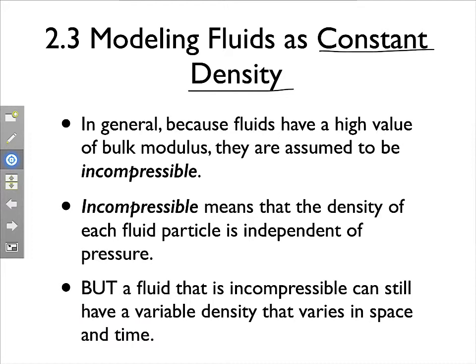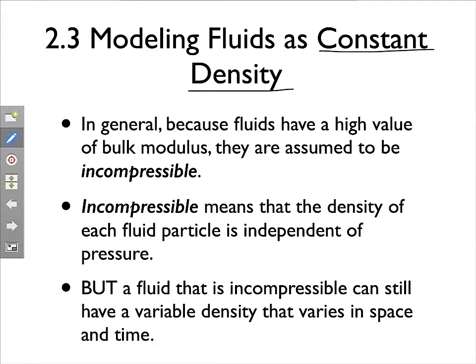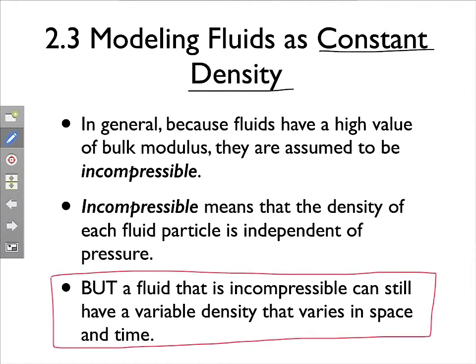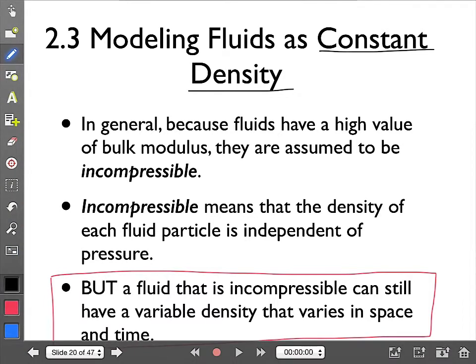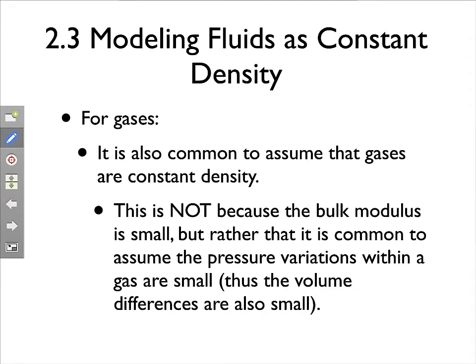But here is the key point: a fluid that is incompressible can still have a variable density. With water or a liquid, you can move from one place in the fluid to another and the density may change. It's a little hard to imagine, but that is the case. Sometimes we have to account for that. For gases, it is also common to assume that they have constant density.